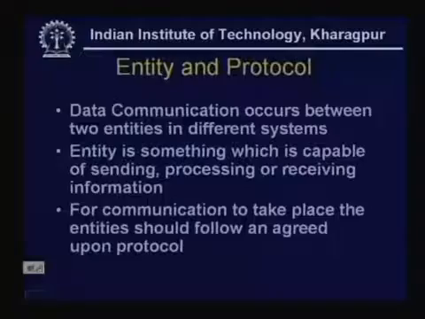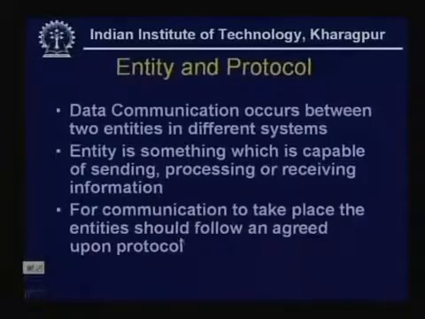And these entities will communicate, entity of layer n will communicate with entity of layer n of the other side. These active elements within the layer are capable of sending, processing and receiving information. And for communication to take place, the entities should follow an agreed upon protocol.